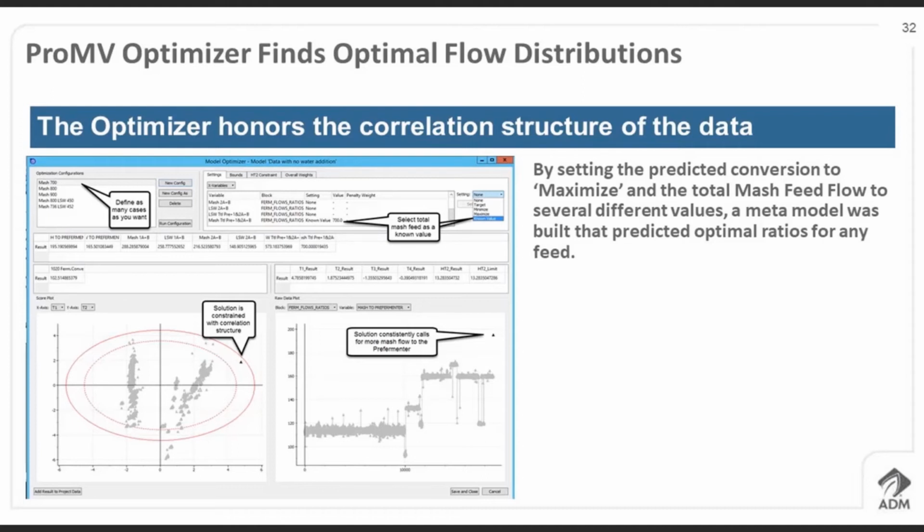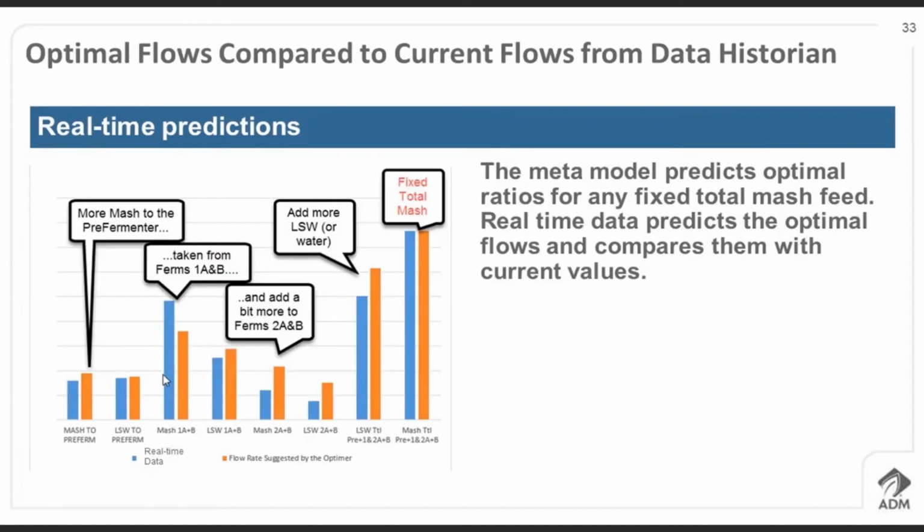What we can see here is that for mash flow to the pre-fermenter, the optimizer is calling for more mash flow. But of course, to get a complete solution, we need to look at every variable at the same time, and what that tells us is exactly what we need to do.